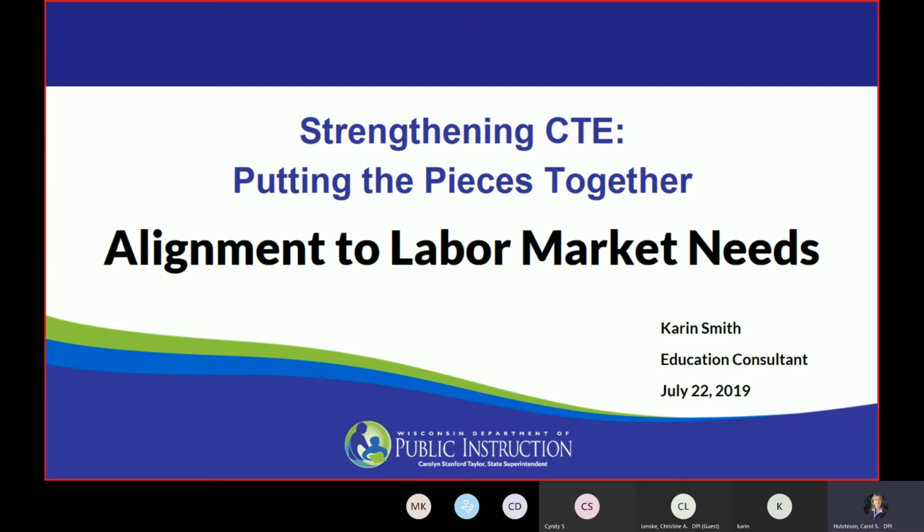The Strengthening CTE for the 21st Century Act, or Perkins 5, requires districts and consortia that seek Perkins funding to complete a comprehensive local needs assessment, or CLNA, the results of which must be included in the Perkins grant application.